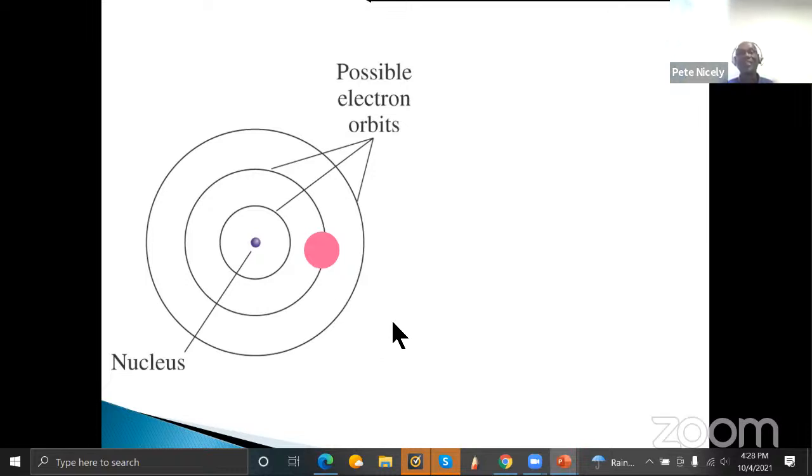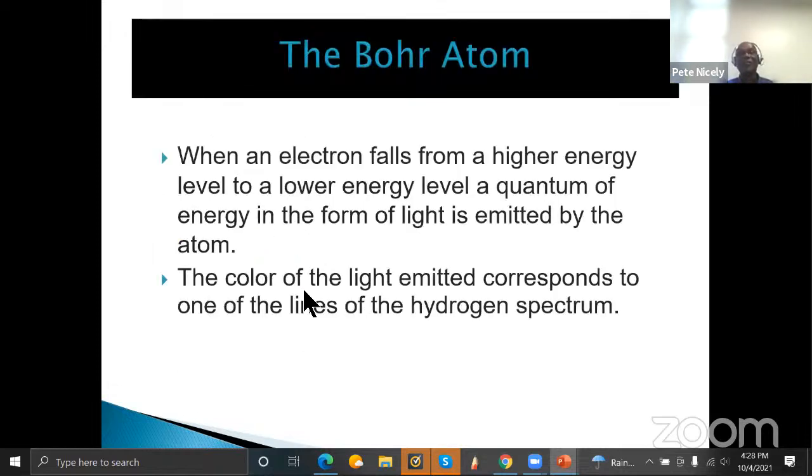Okay, so as I was saying, the Bohr model is used to explain the line spectrum that is observed in the case of hydrogen. So how does this explain it? Well, according to the Bohr model, when an electron falls from a higher energy level to a lower energy level, a quantum of energy, which basically means a particle of energy in the form of light, is emitted by the atom. And the color of the light emitted corresponds to one of the lines of the hydrogen spectrum.